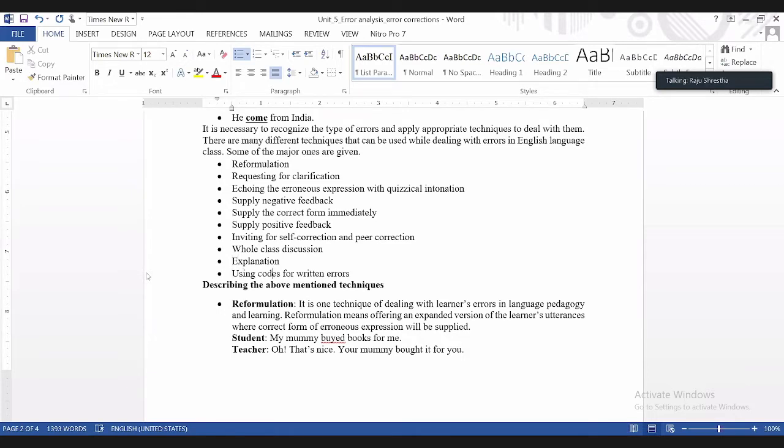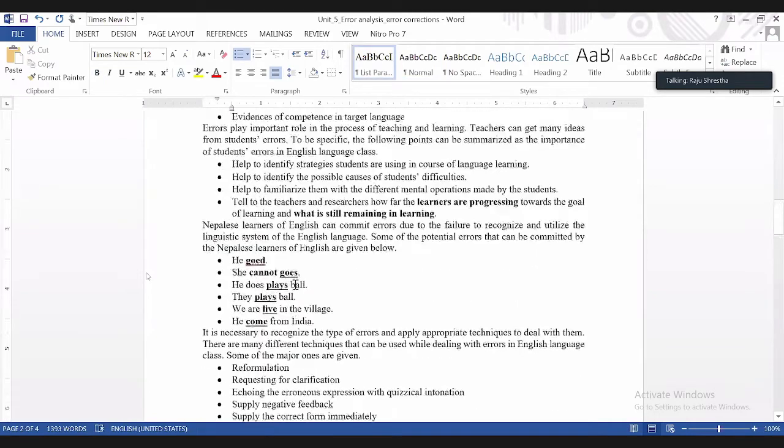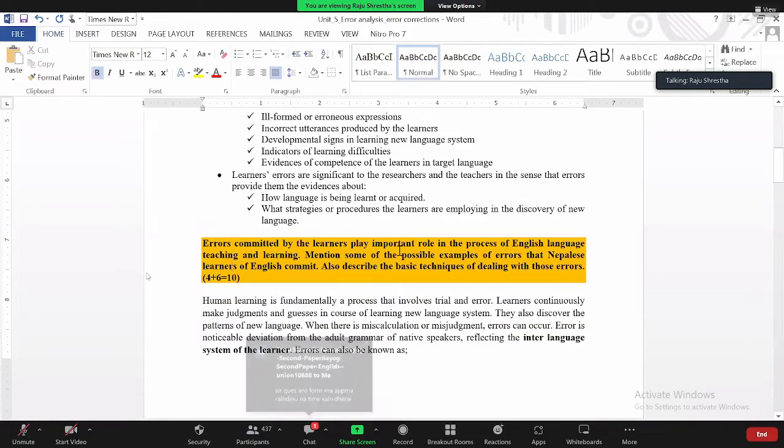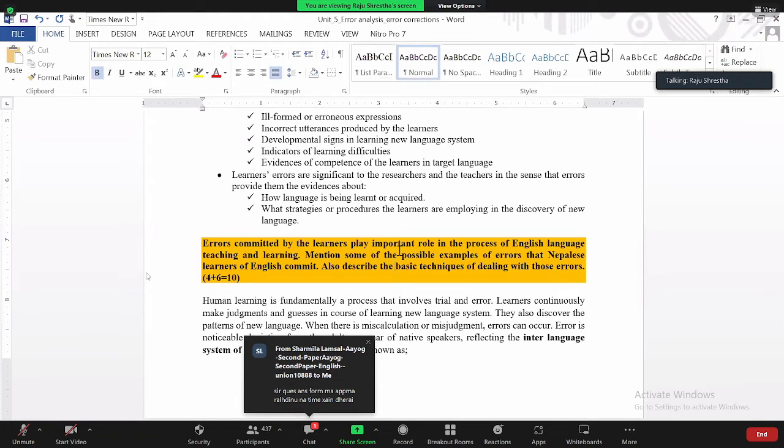Using codes for written errors, this we can also use. Here a few examples are given. Describe the question: Mention some of the possible examples of errors that Nepalese learners of English commit. Also describe the basic techniques of dealing with those errors.